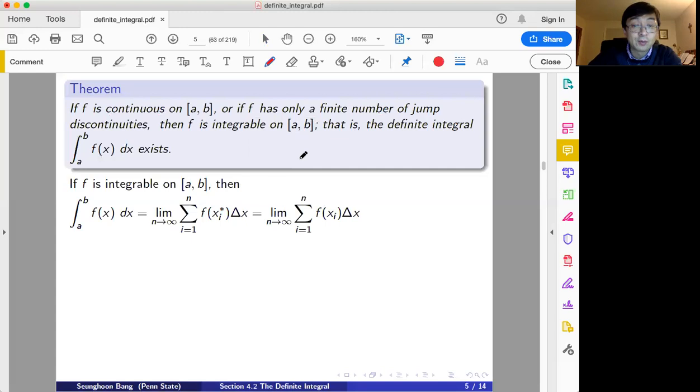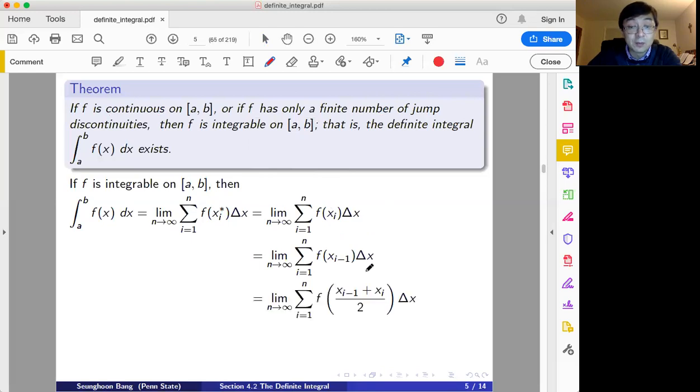So we have some choices of xi star. Xi star is the right-hand point xi, or the left-hand point xi minus 1, or the midpoint, xi minus 1 plus xi over 2. It doesn't matter. You can choose any xi star.